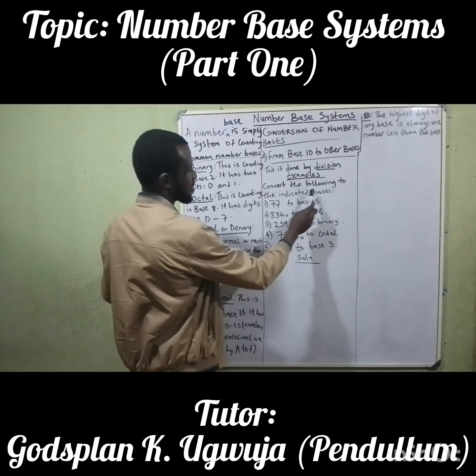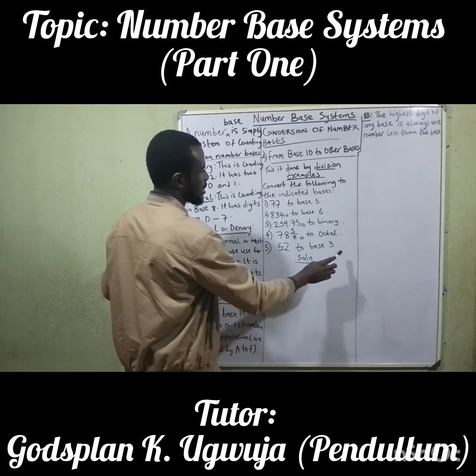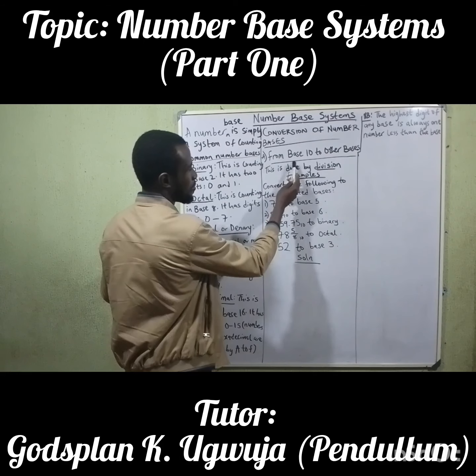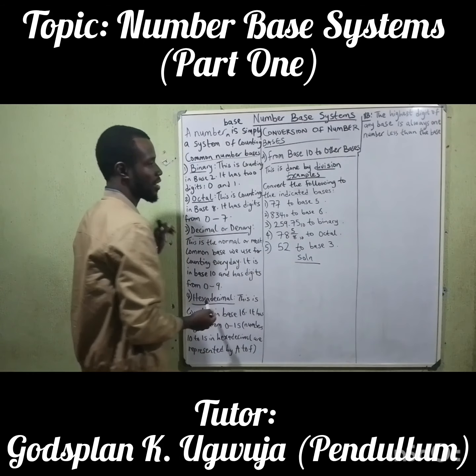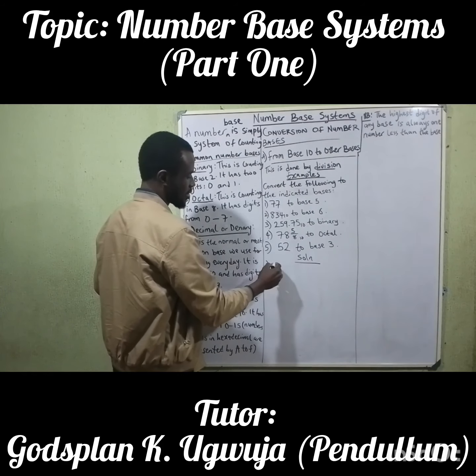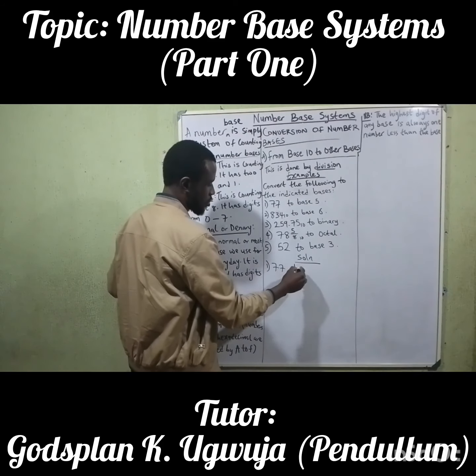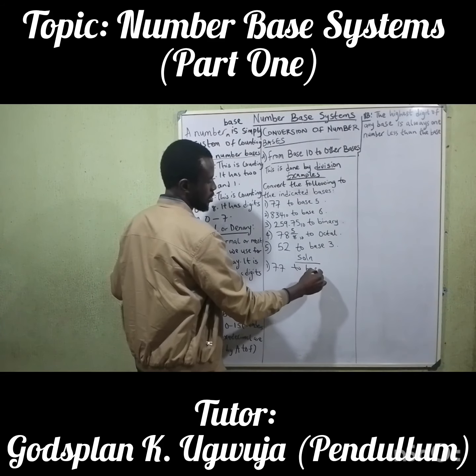So we're asked to convert these numbers to the indicated base. Remember, all these numbers are in base 10, so we have to convert them to the bases indicated here. Number one, we are asked to convert 77 from base 10 to base 5.